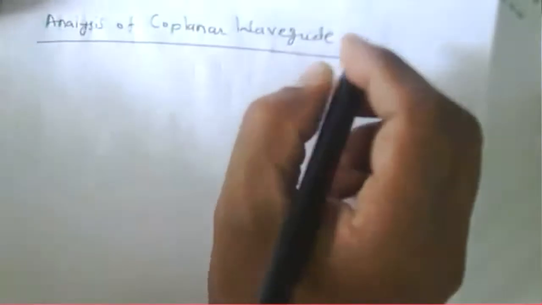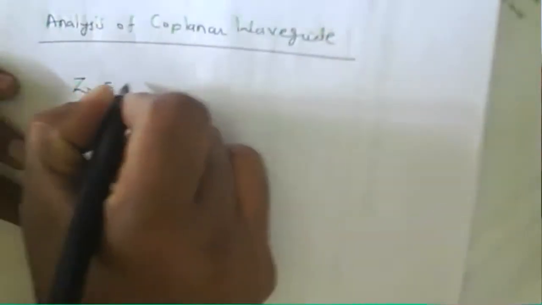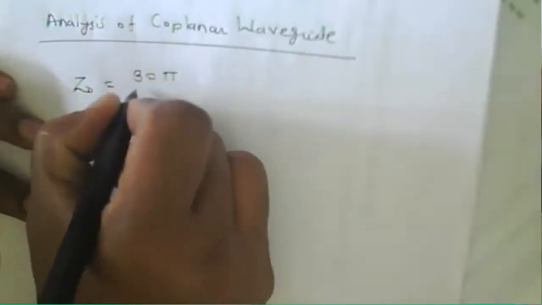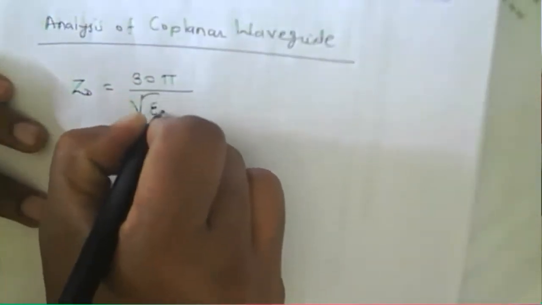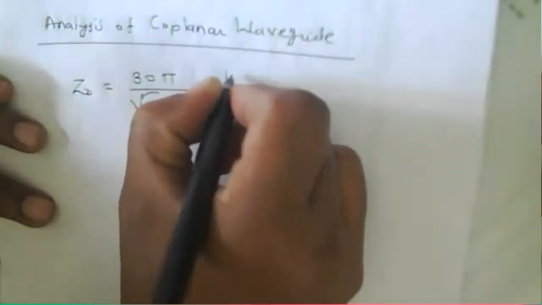Next we can go for the analysis of this particular coplanar waveguide. For this analysis, we need to know the epsilon effective, and we can use that epsilon effective to calculate the value of Z0, the characteristic impedance of the given line.